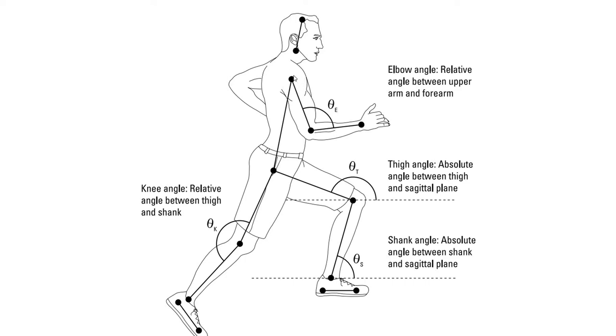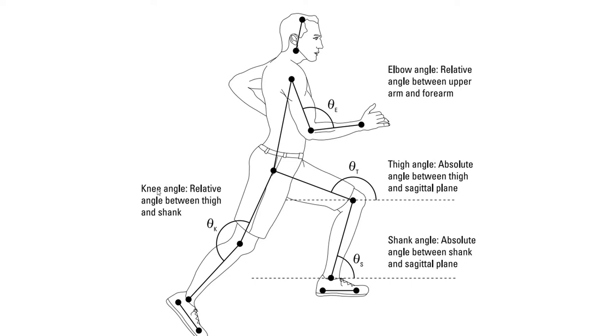Then the 2 lines that we've created produce our elbow flexion angle. So the Greek letter theta here is used to represent the word angle, and as the text suggests, this is a relative joint angle. So movement of the upper arm or the forearm can alter the value that you get here.